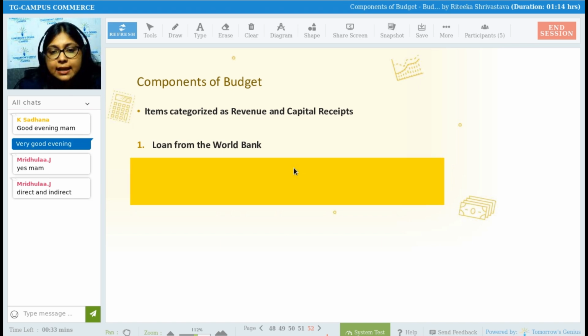So now categorize as revenue receipts or capital receipts. Loan taken from the World Bank. Is it a revenue receipt or is it a capital receipt?